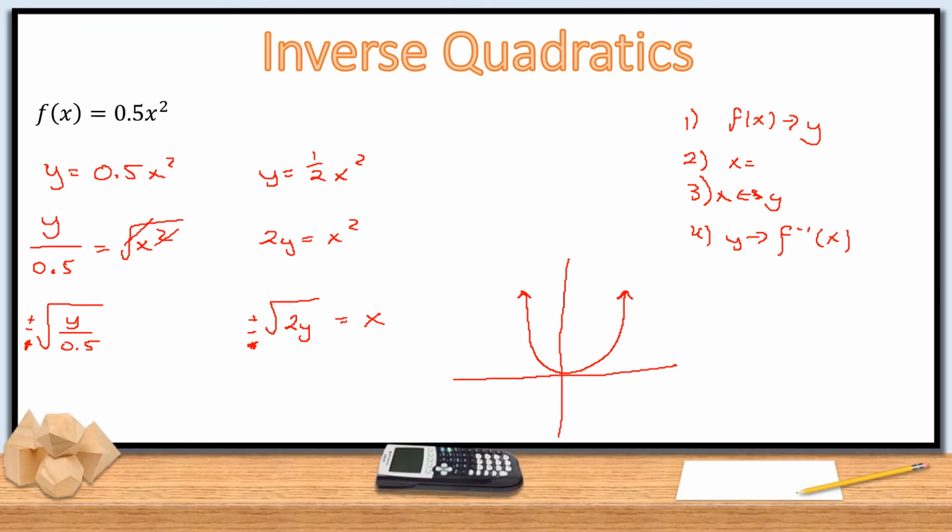The inverse function, remember, is that reflection over the line y equals x. So it looks something like this. It looks like a parabola on its side, but it's actually only half a parabola on its side. The negative part, so the minus root 2y, would be the other half.